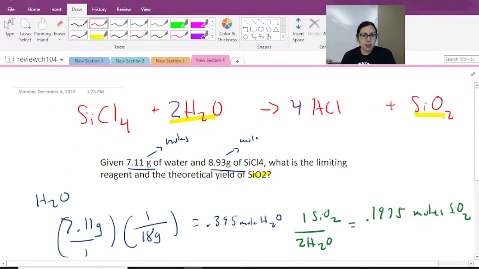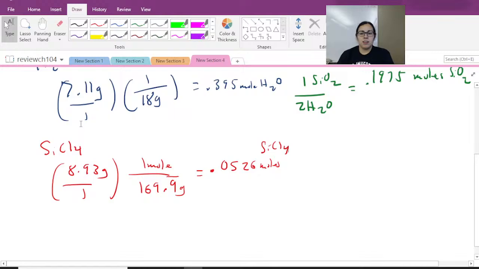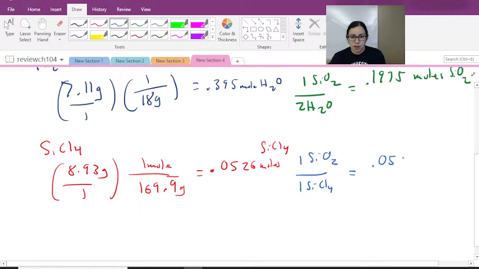Yep, so exactly. So we'll have to go back to a mole ratio. So this is in a 1-to-1 mole ratio. So this is at least slightly easier maybe math-wise. So for every 1 mole of silicon tetrachloride, we get 1 mole of silicon dioxide. So then we would have 0.0526 moles of our silicon dioxide.